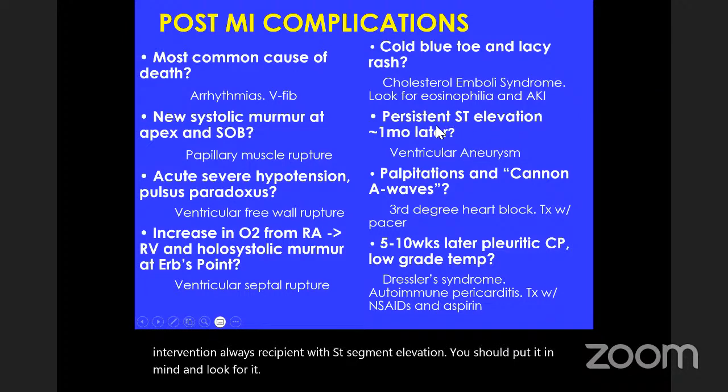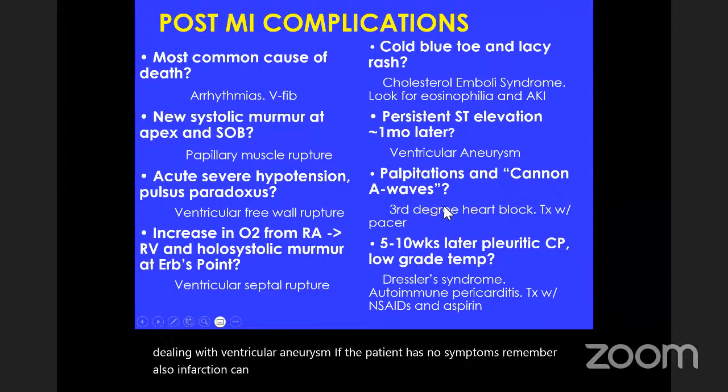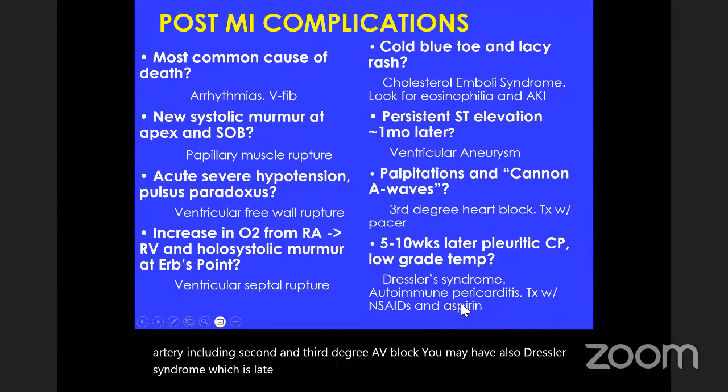Sometimes you may see ST segment elevation that persisted more than 1 month after the infarction, then you are dealing with a ventricular aneurysm if the patient has no symptoms. Remember also, infarction can be complicated with heart block, especially if the right coronary artery is involved, including second and third degree AV block. You may have also Dressler syndrome, which is late onset pericarditis.